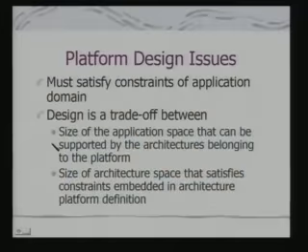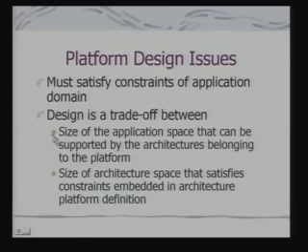And design of the platform is a trade-off between the size of the application space that can be supported by the architectures belonging to the platform and the size of the architecture space that satisfies constraints embedded in the architecture platform definition. Okay. So, these are the 2 points which should be very clearly understood.